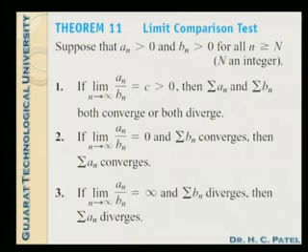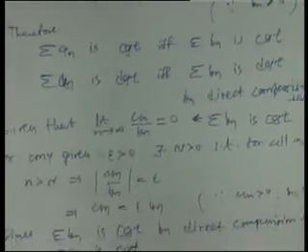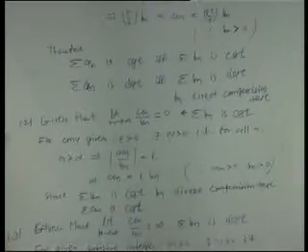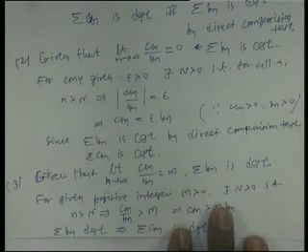Now the next one: the limit of a n by b n is 0 and sigma b n converges, then we have to show that sigma a n converges. Here it is given that the limit as n tends to infinity of a n by b n is equal to 0 and sigma b n is convergent.